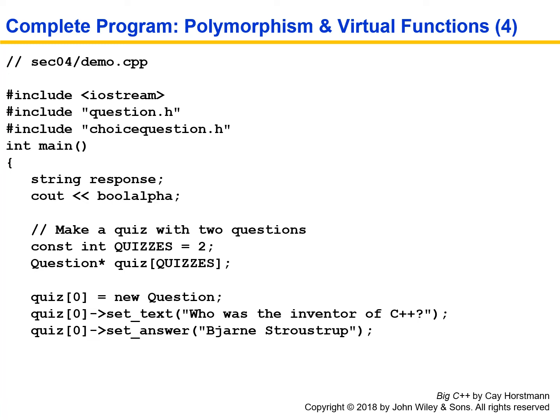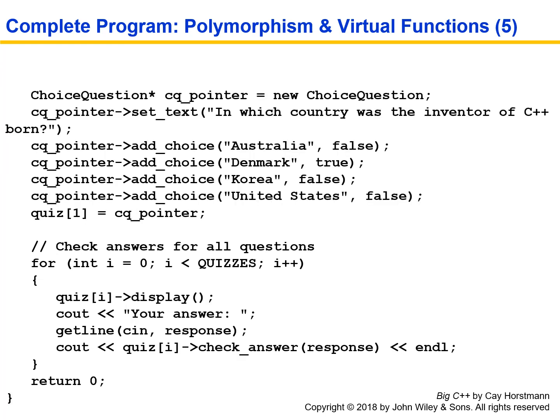We have a quiz array that contains 2 questions. The quiz at 0 is going to be a base class question, so we don't have to do anything fancy. The next question is going to be a choice question, so we set up a choice question pointer, set the text, add the choices. Quiz at 1 now points to the choice question.